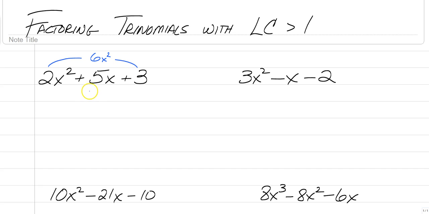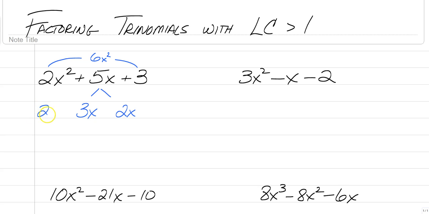So you're going to split that middle term. What would multiply to 6x squared but add to 5x? That would be a 3x and a 2x. And what you did is you just split that middle term.